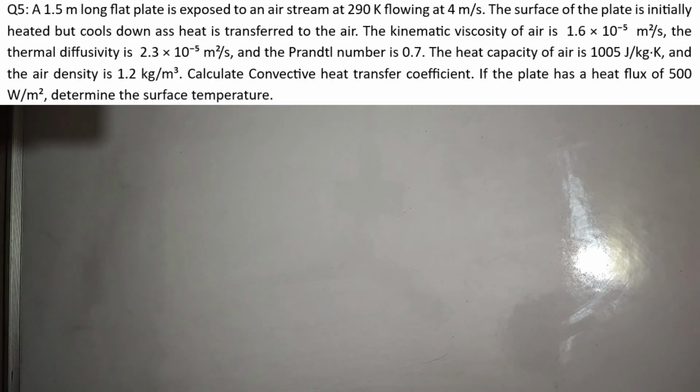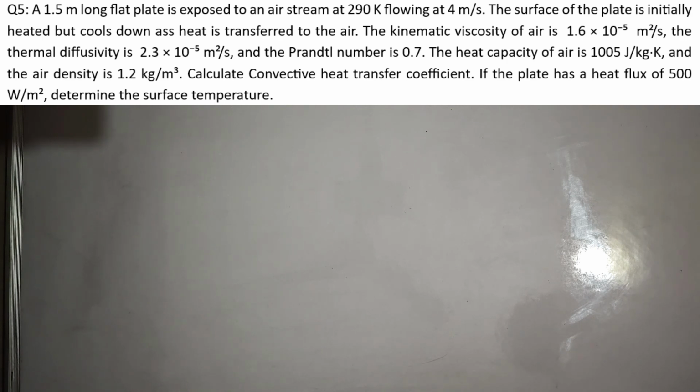A 1.5 meter long plate is exposed to an air stream at 290 Kelvin flowing at 4 meter per second. The surface of the plate is initially heated but cools down as heat is transferred to air. The kinematic viscosity of air is 1.6 into 10 raised to power minus 5 meter square per second. The thermal diffusivity is 2.3 into 10 raised to power minus 5 meter square per second, and Prandtl number is 0.7.